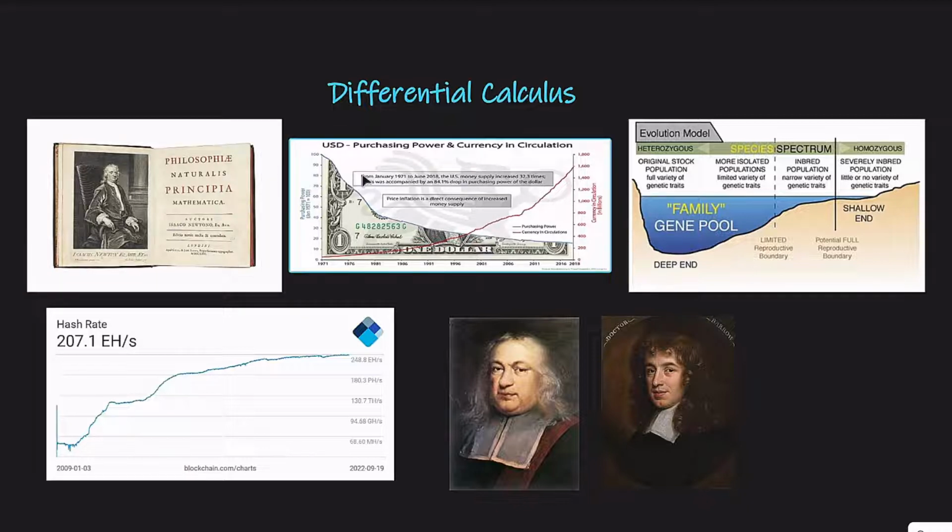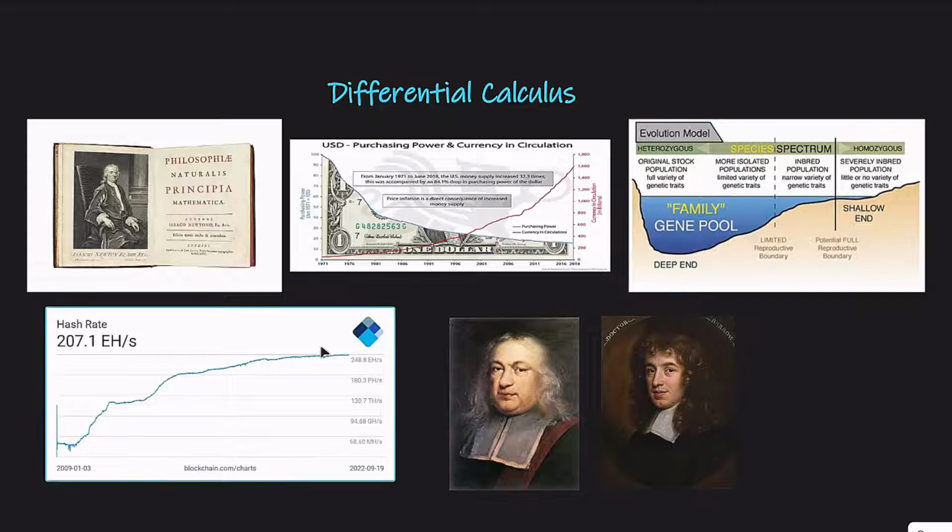We can really take this idea of the derivative and differentiation and apply it to many different sectors and industries even today. For example, we could look at the relationship between new money printed and time, where inflation is the derivative of a price index. We could observe the relationship between different genes and time, where genetic variation is the derivative of a gene pool.